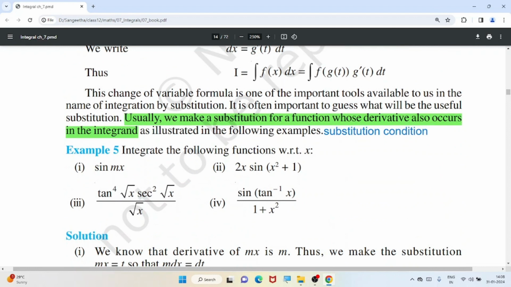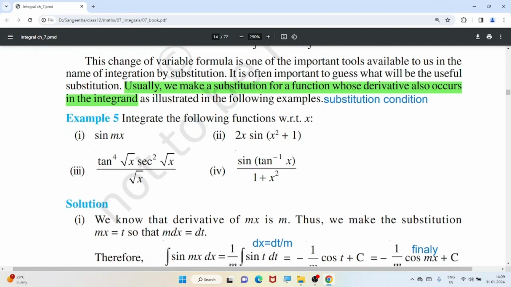This is the condition. Usually we make a substitution for a function whose derivative also occurs in the integrand. That is, whose differentiation also occurs in the integration. Here in this example you see sin mx. In mx, when you do differentiation, you will get m.